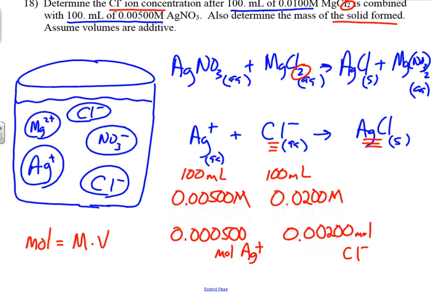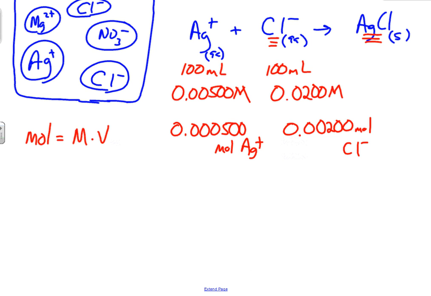All right, so we're going to move down here a little bit so we can still see the equation here. Now, obviously, according to the equation, this is balanced, so it's 1, 1, making 1. If I take a look at my silver here, for every 1 mole of silver, I would need 1 mole of chloride. So if I have 0.0005 moles of silver, I'm only going to need that much of the chloride.